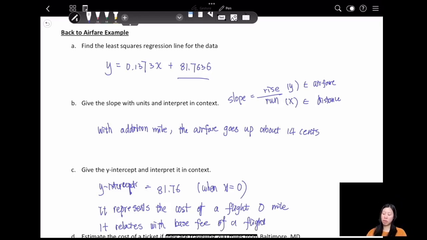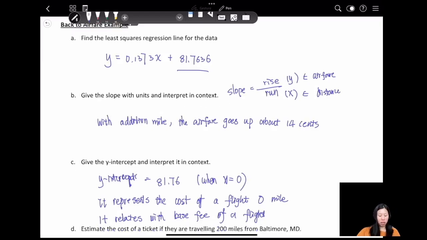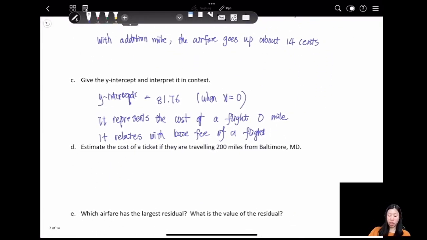Okay, estimate the cost of a ticket if they travel 200 miles from Baltimore. Oh, sorry. So we know that we have our regression predicted model: y hat = 0.1373x + 81.7636. So we know that this traveled 200 miles. Distance means our x.